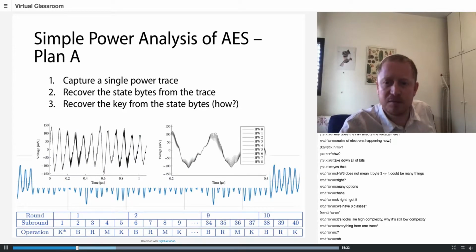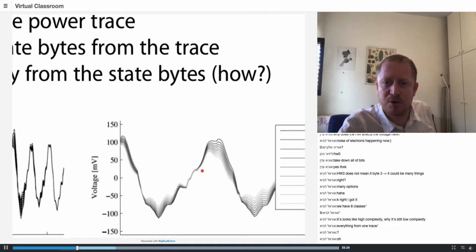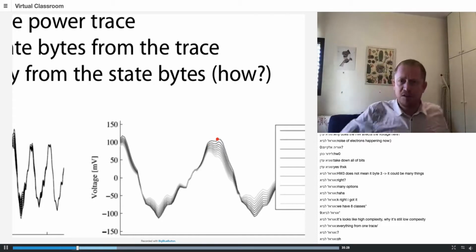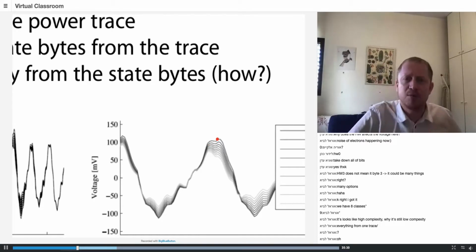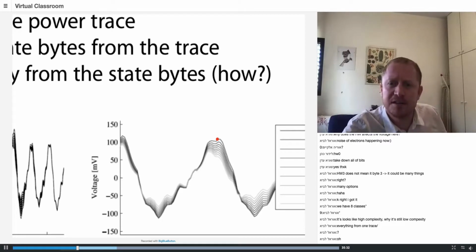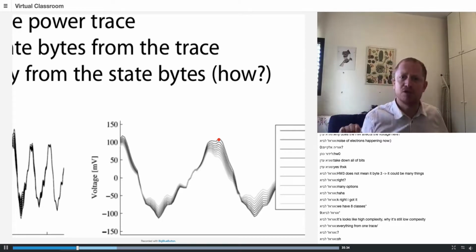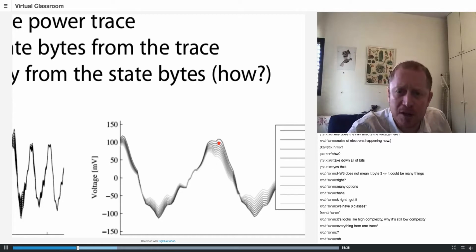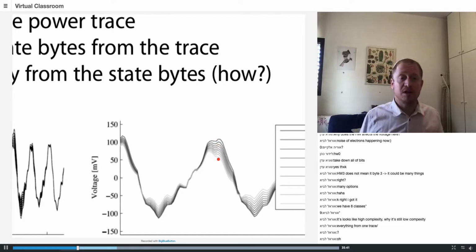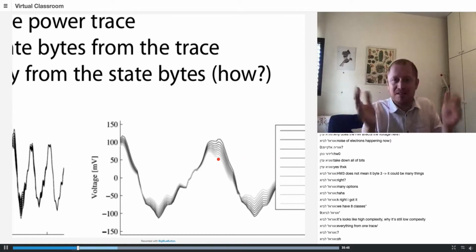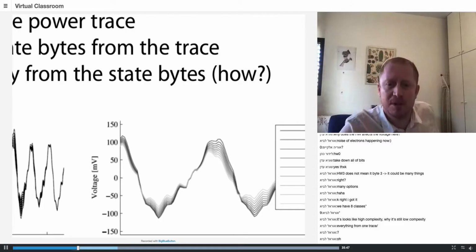Okay, this could be an interesting point. This sounds like a pretty interesting point, this one here. Every time that I process Hamming weight 0, this is the average power consumption I get. Every time I process 1, this is the average, and so on until I get to Hamming weight 8. So now I have 9 means, the mean for 0 all the way to the mean for 8.